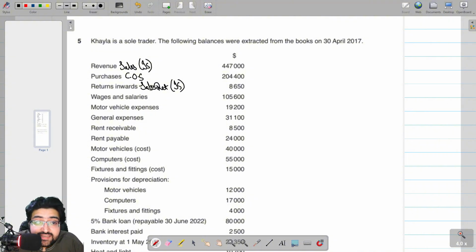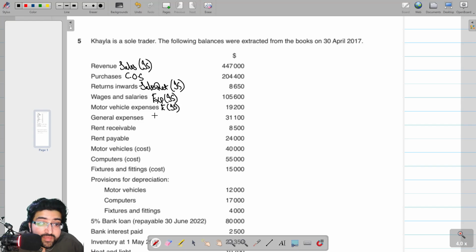Wages and salaries. This is an expense. Expenses are always recorded in your income statement. Motor vehicle expenses, again an expense. So we can just write E and then income statement if you want to write. I'm just showing you how you can make it simpler for yourself so that when you're solving the question you can do it quickly.